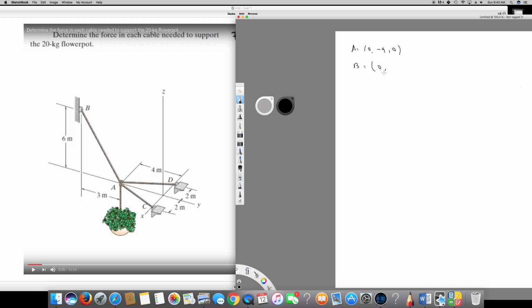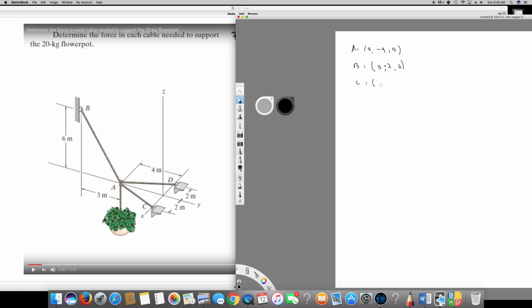so it has the height of this one. Okay, wait a minute. 4 plus 3 is 7. 7 is going to be my y, and it's going to be negative. And z is going to be 6 meters height, so 6. It's for the C values.